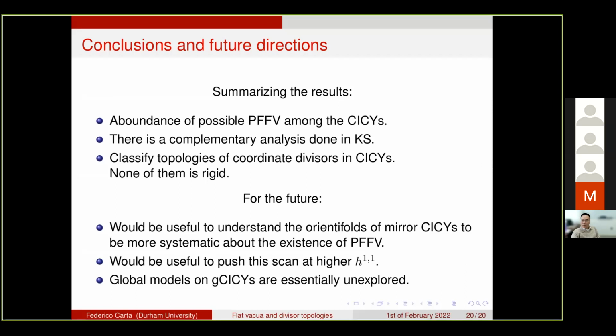Hey, Federico. Thanks very much for the nice talk. I just wanted to briefly ask, are the mirrors of CCs toric hypersurfaces or are they also toric CCs? In general, I would expect they are toric CCs, right? Yeah, I would think so, but I'm not sure.